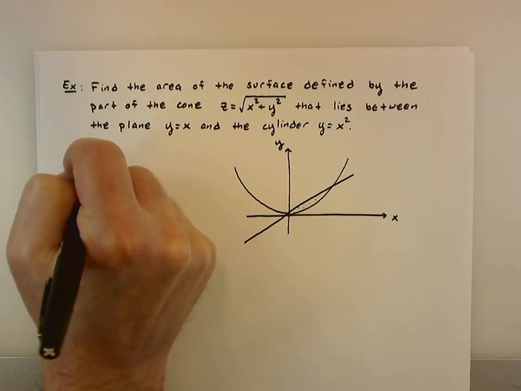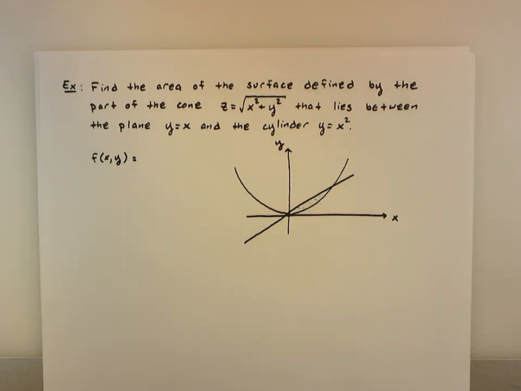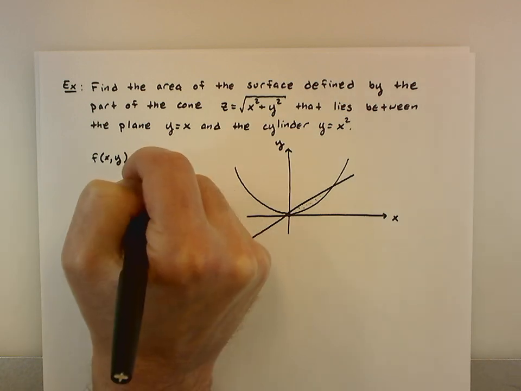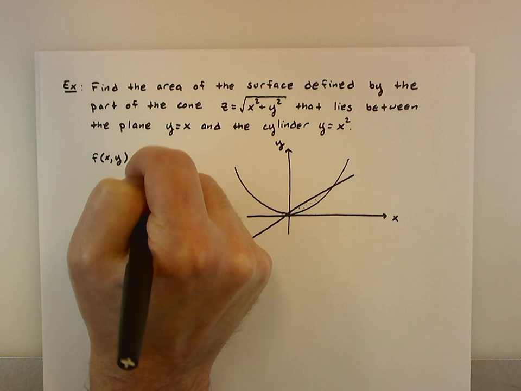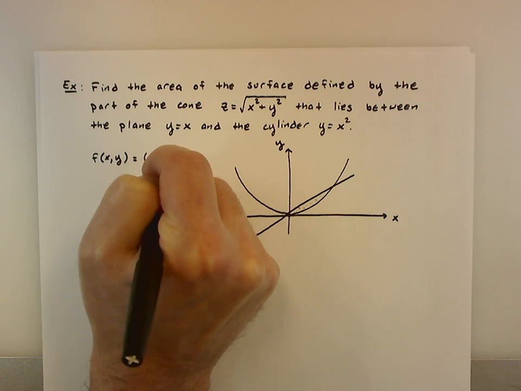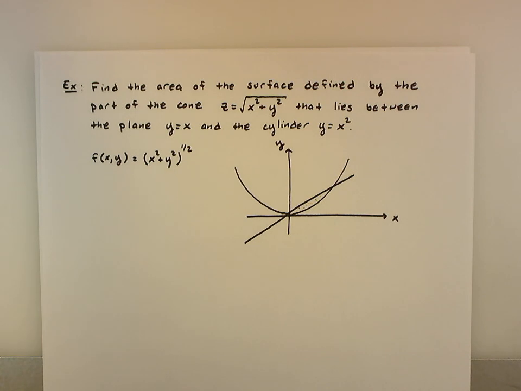f of x y is the same as z. So f of x y is equal to the square root of quantity x squared plus y squared, or x squared plus y squared to the 1/2 power.